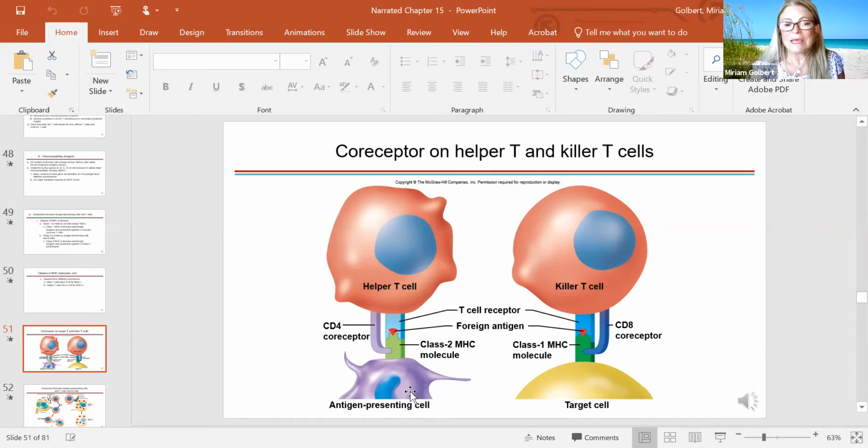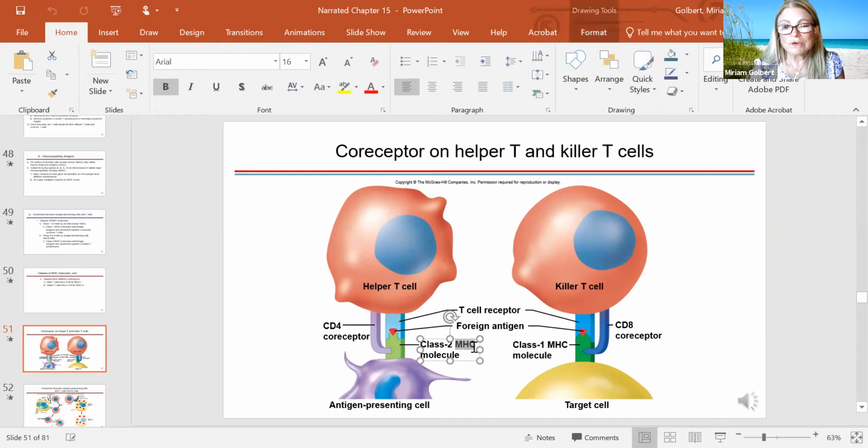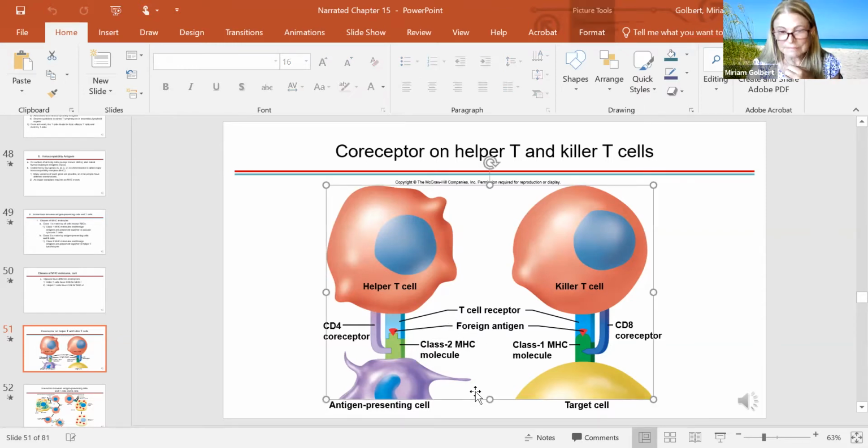Presenting the antigen means this cell down here is infected, has processed the antigen, and puts it out on another protein that is called the class 2 MHC molecule. This is short for a very long word, major histocompatibility complex. So it's a long word, so we call it MHC.